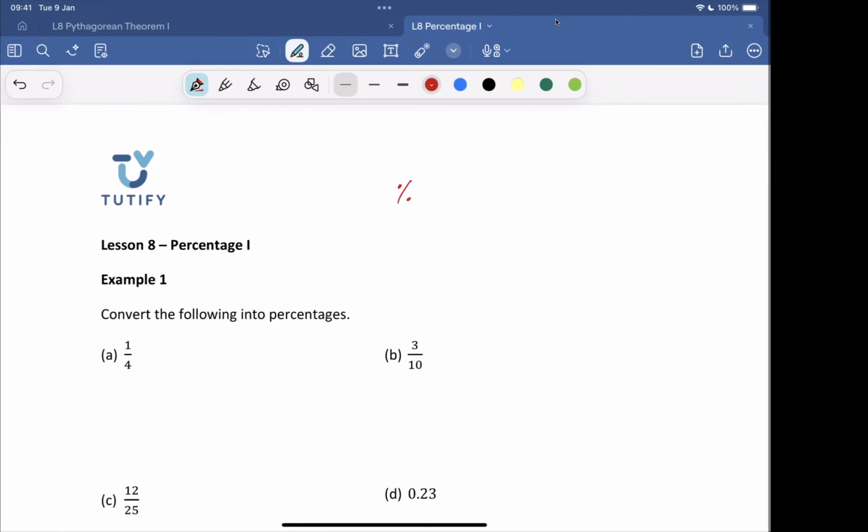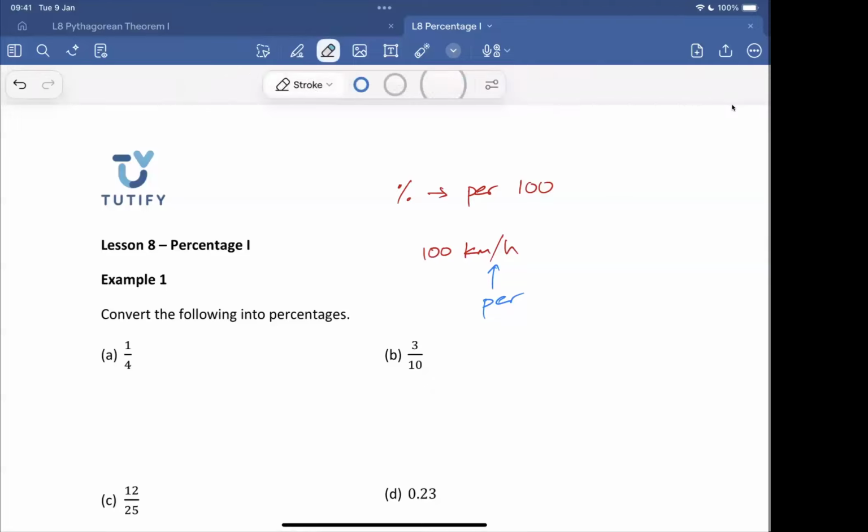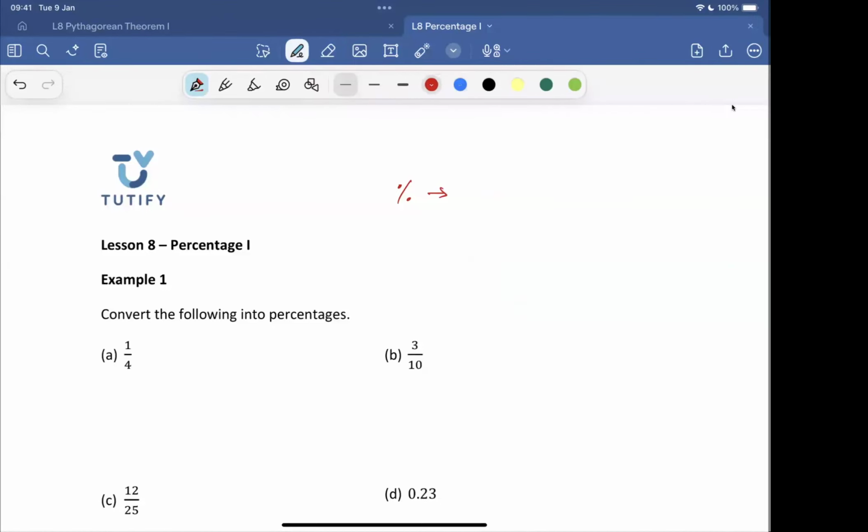Okay, so percentage stands for what he said, per 100. Now, whenever you see the word per, like for example, 100 kilometers per hour, it means this line, and it means divide. Meaning to say that this percentage sign means divide by 100.